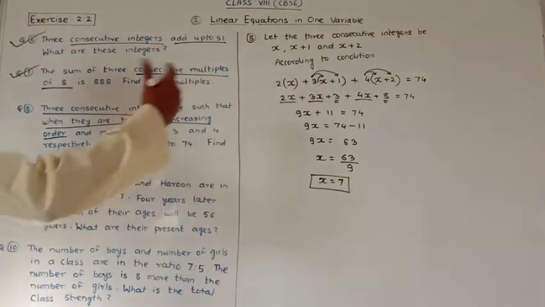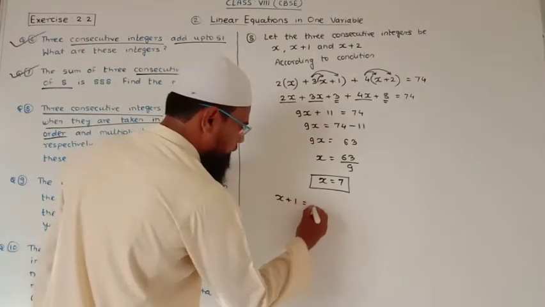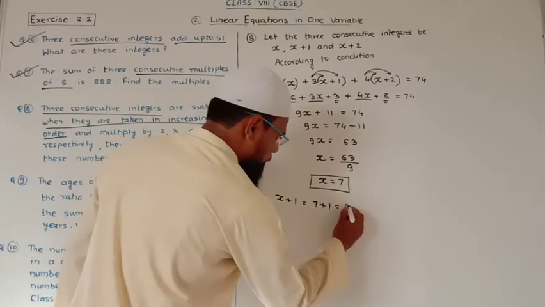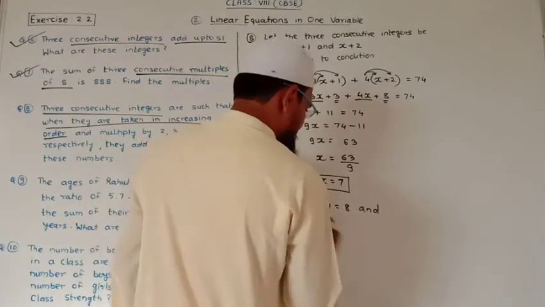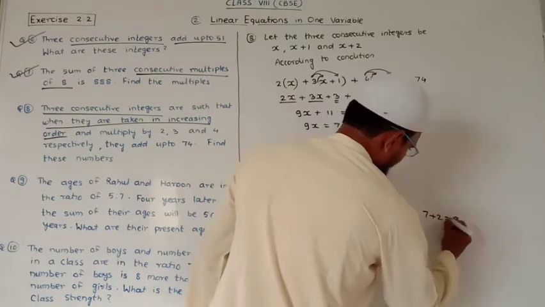Here the next consecutive number is x plus 1 is equal to 7 plus 1, which is equal to 8, and here x plus 2 is equal to 7 plus 2 is equal to 9.